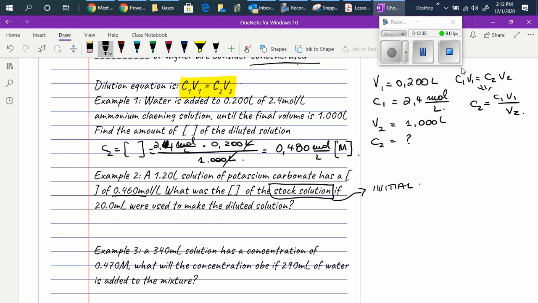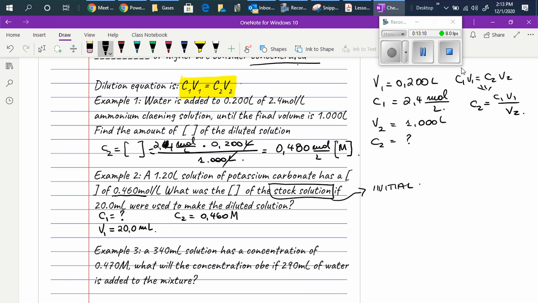Okay, so now what we have here is we don't know what the concentration of the stock solution is, but what we are taking from that stock solution is 20 milliliters, and the diluted solution has a concentration of 0.460. You can say just M or moles per liter, it is the same thing.